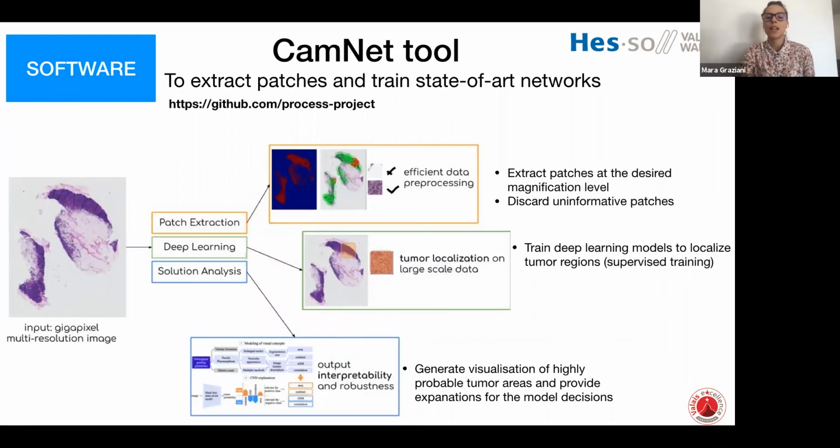So one of the main outcomes of the project was the development of open source software that is efficient, portable, and modular. And this was done by developing a 3-layered application where each layer can be independently deployed as a Docker container and can also be interconnected to reconstruct the full automated pipeline of the explainable region proposer.